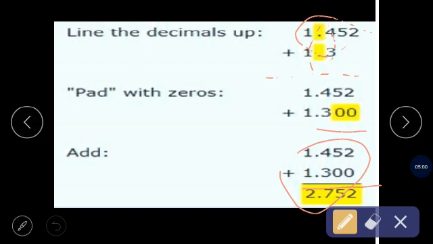If there is a carry then you have to add the carry. 1 plus 1 is 2. This is the final answer. So you got 2.752.